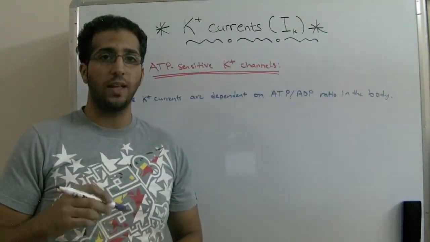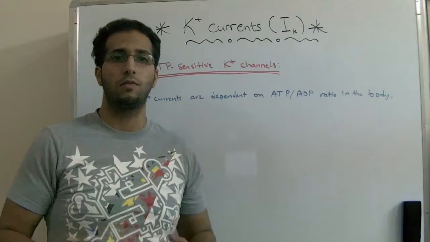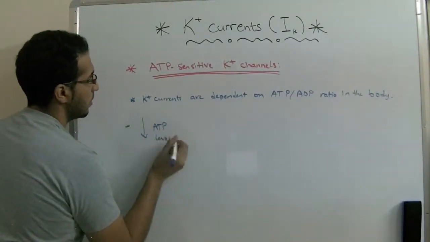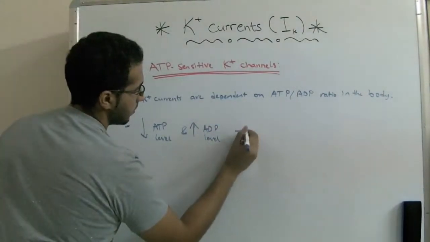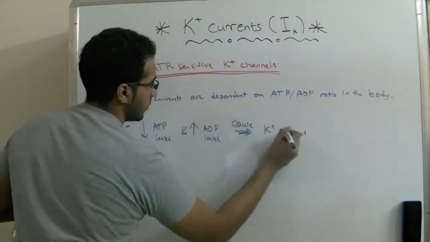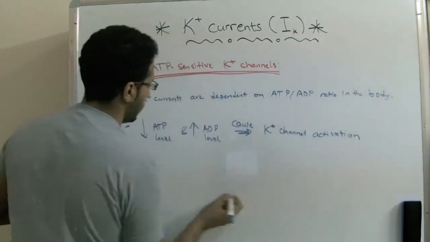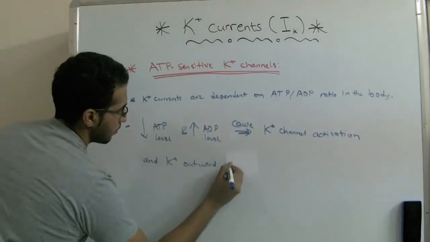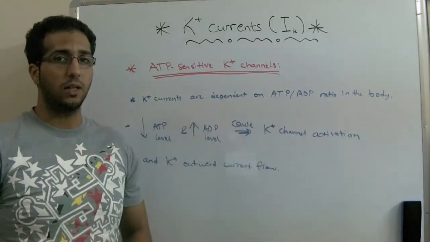A decrease in the level of ATP and an increase in the level of ADP cause potassium channel activation and potassium outward flow. So this was how potassium channels are sensitive to ATP.